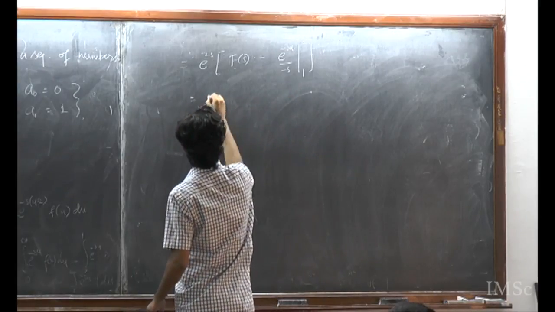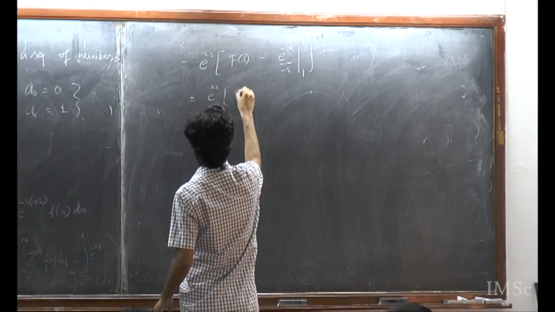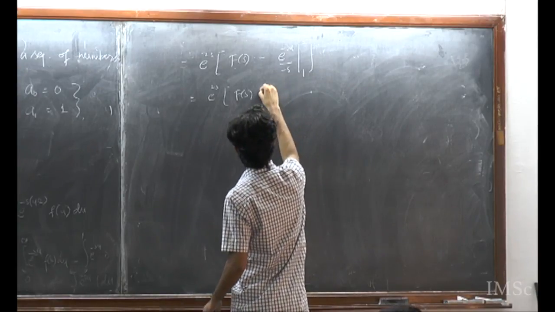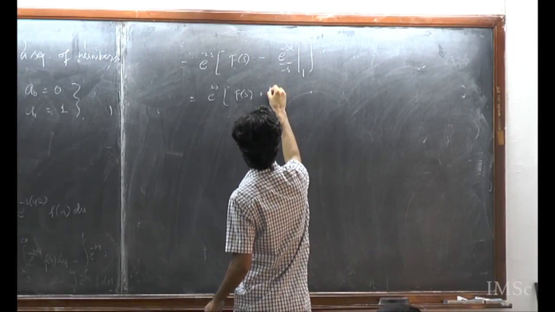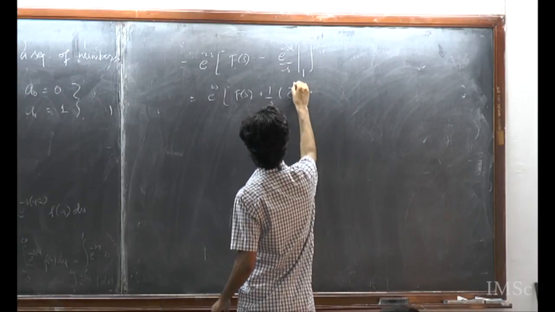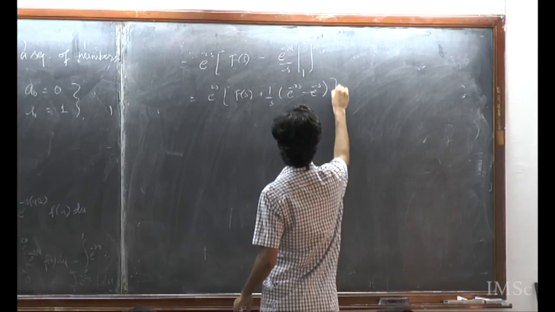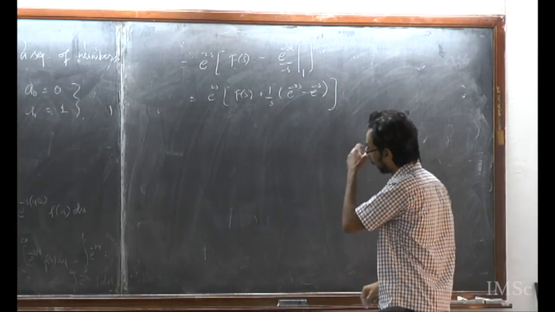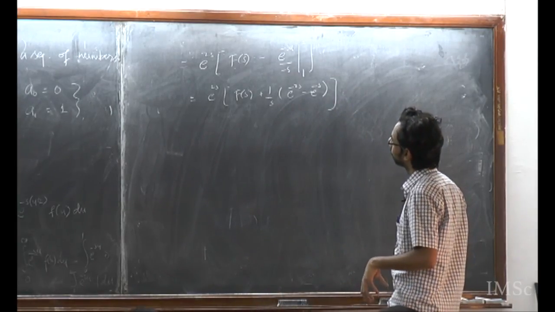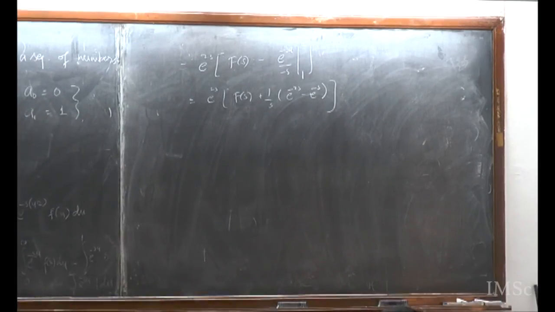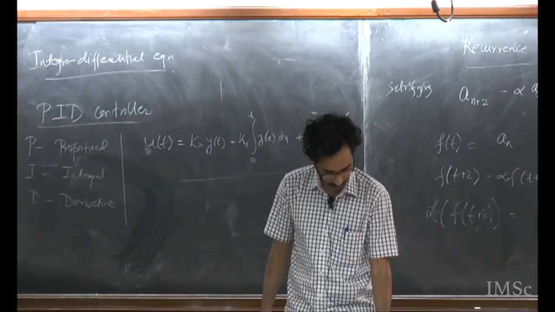So this is e to the 2s F(s) minus, so you can just write plus 1 by s, e to the minus 2s minus e to the minus s. So this is your Laplace transform for f(t+2).